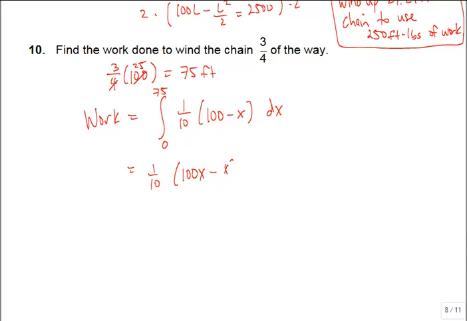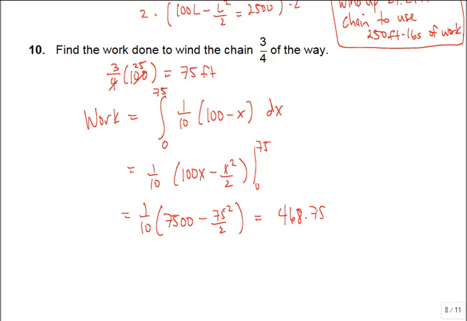Integral of x is x squared over 2, and we're just going to plug in 0 and 75. So we get 7,500 minus 75 squared over 2. The 0 gives me zeros, and this is 468.75 foot-pounds. So in all of these past few examples, we've been using the same work integral each time. We just changed the bounds on it. Okay?